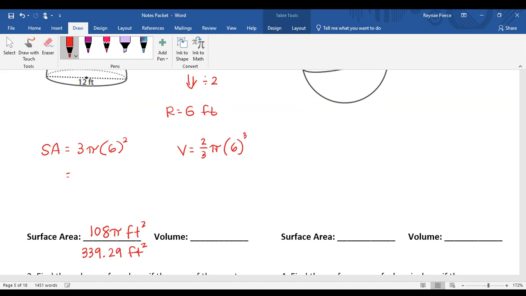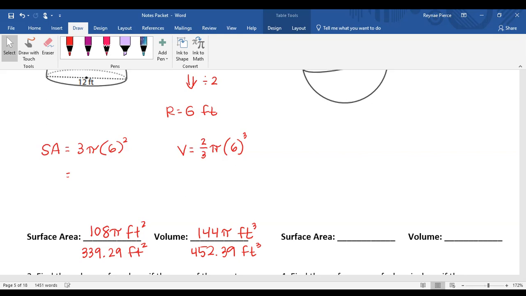Again, 6 times 6 times 6 is 216. And 2/3 of 216 is 144. So our exact answer would be 144 pi cubic feet. But the approximate would be 452.39.